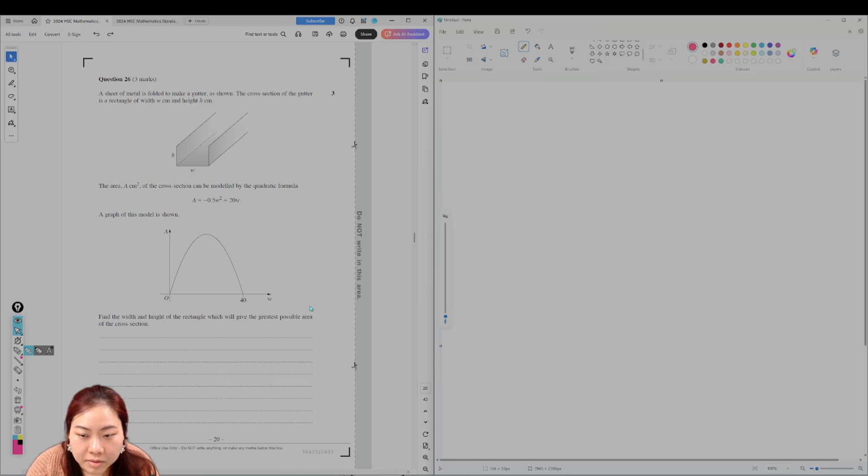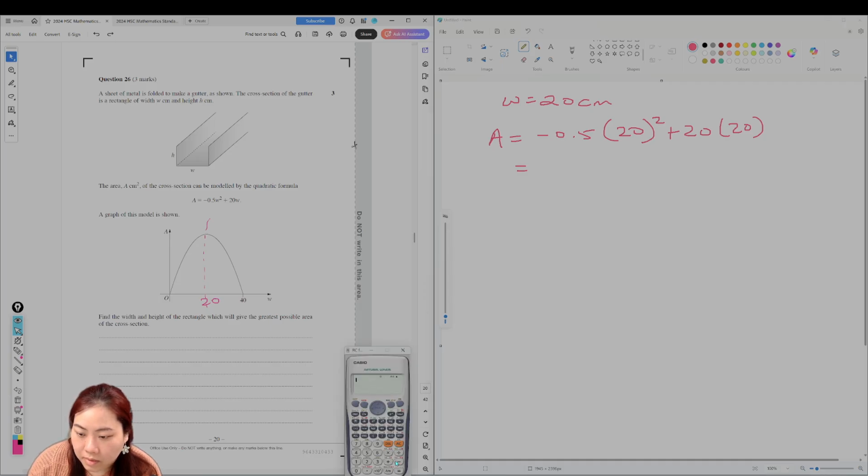Well, looking at the graph, it is symmetrical from this line here. And if this is 0 and that's 40, then halfway would be 20. So if the width is 20 centimeters, for the greatest area, we have the area is negative 0.5 times 20 squared plus 20 times 20, which is 200 square centimeters.